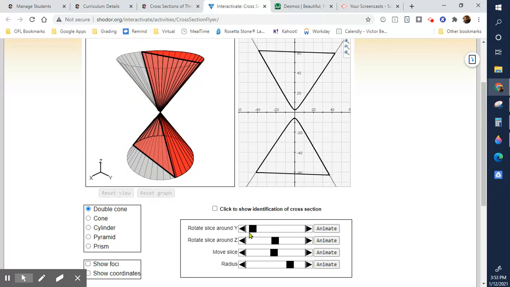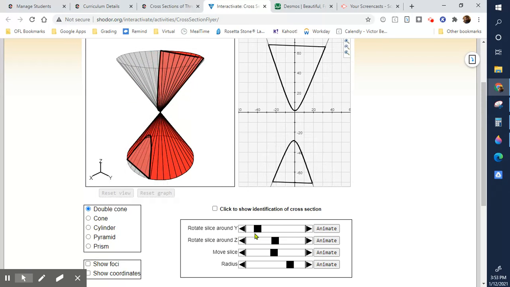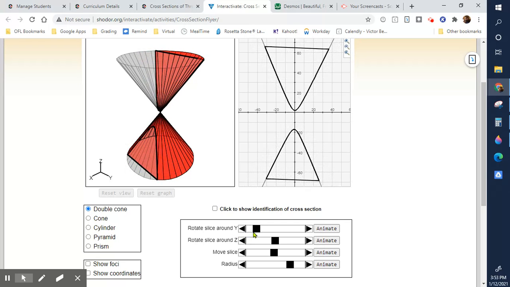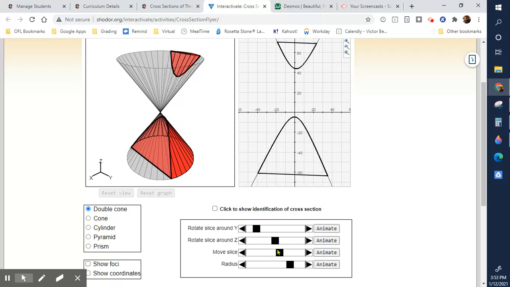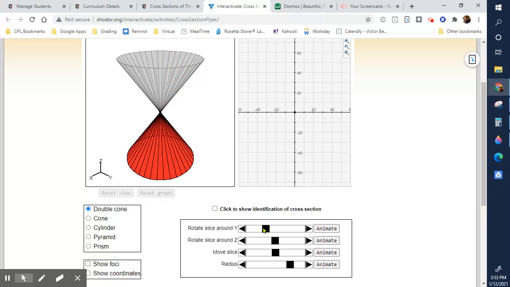Let's move this. Okay, cool. So what happens is, we want the angle greater. Passing through but greater. We still get a point, it looks like.